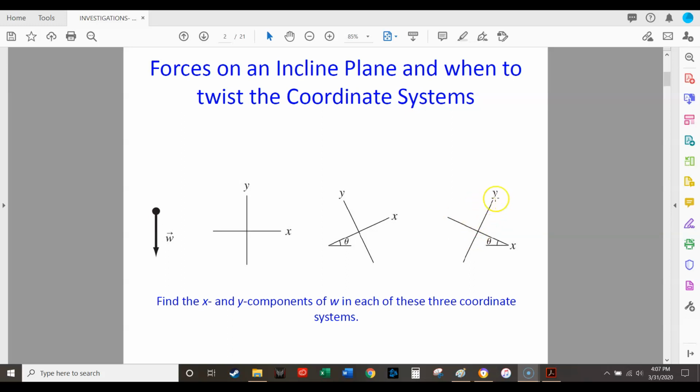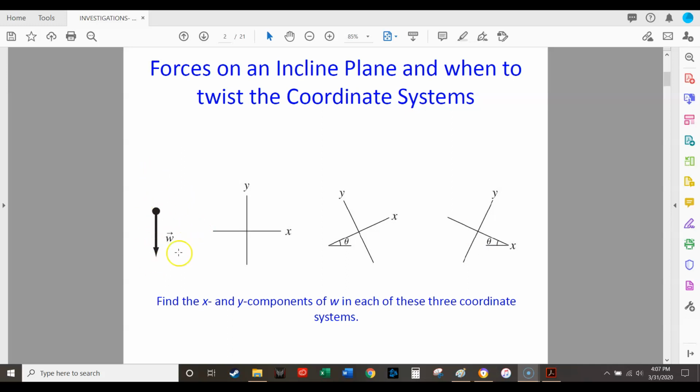And as always, the y direction is going to be perpendicular to that. So no matter what, we're always keeping the y direction part of the coordinate system perpendicular to the x direction. We're just twisting the x direction part of the coordinate system to be parallel to the surface of the inclined plane.